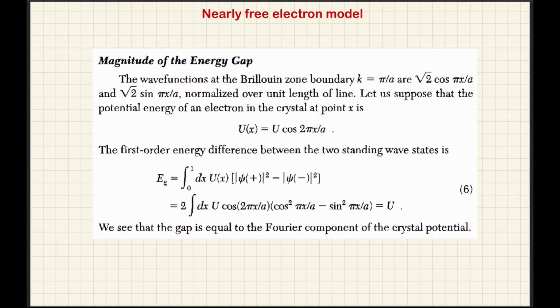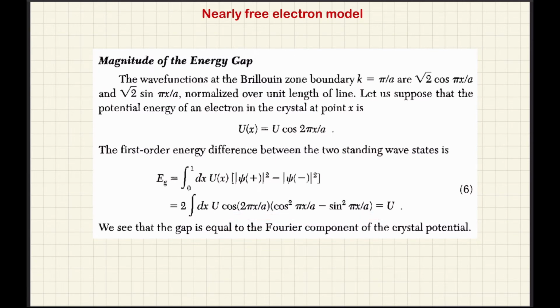Now, the first order energy difference between the two standing wave states: you calculate the expectation value of U of x in the states psi plus and psi minus. You substitute all these functions, U of x and psi plus and psi minus, and this is an easy integral to calculate.